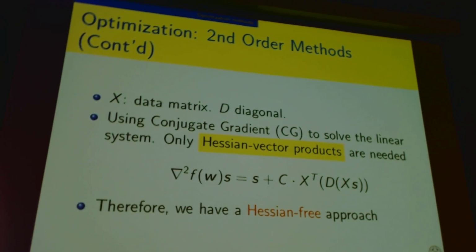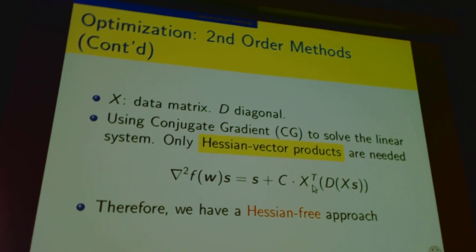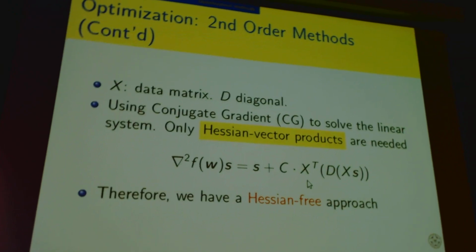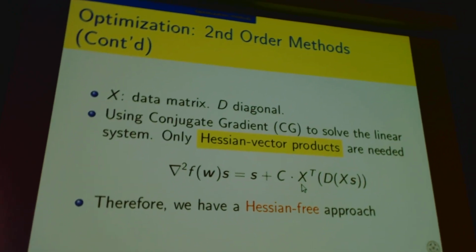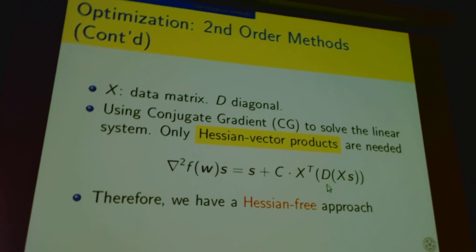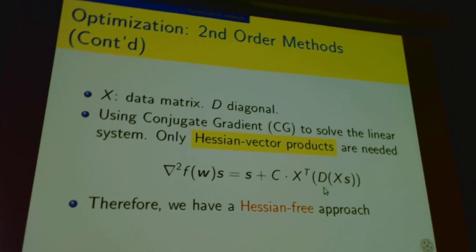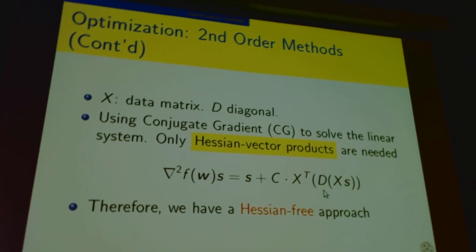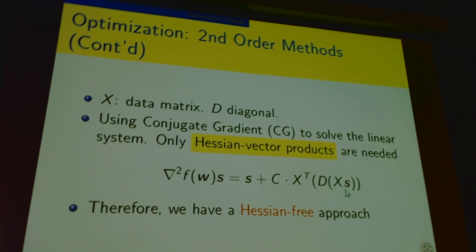Now the matrix is our Hessian matrix, so all you need is the Hessian vector product. Earlier we showed that the Hessian matrix is the product of X transpose, D and X, but you don't need to really calculate the product of those three things. All you need is to sequentially calculate matrix vector products.